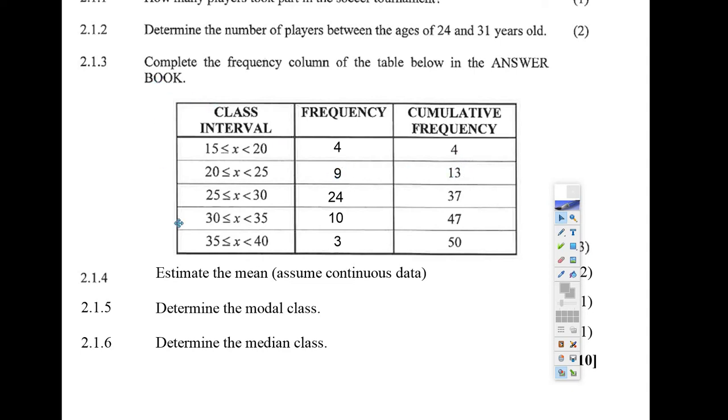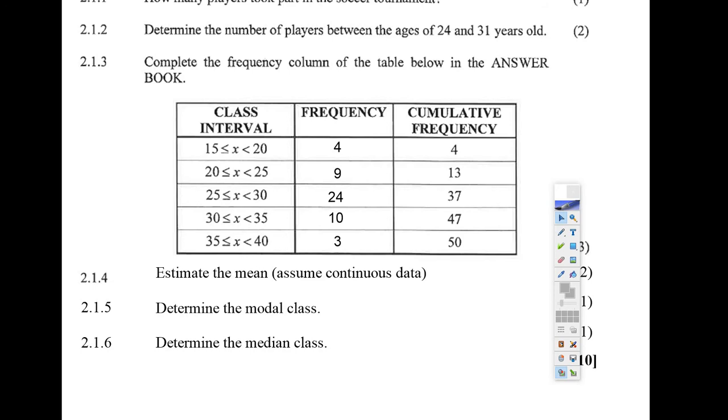So this question where it says complete the frequency column, it's got to be a 9 there because 13 minus 4 is 9. 37 minus 13, that's how I get the frequency of 24 players between the age of 25 and 30. And then 47 minus 37, that's how I get the number 10 between 30 and 35. And then 50 players altogether, 50 minus 47, that's why there's 3 players between 35 and 40.